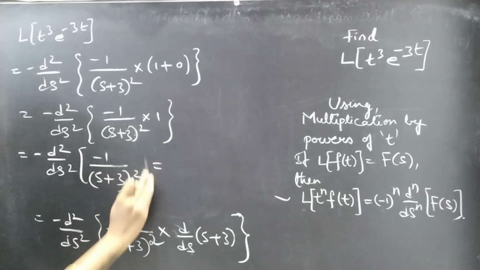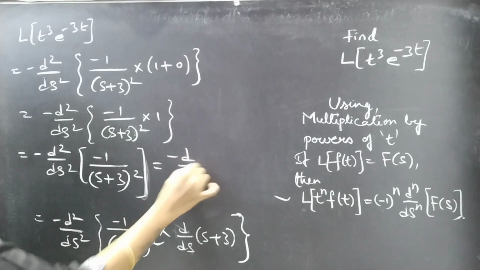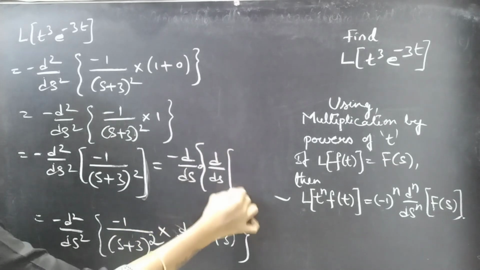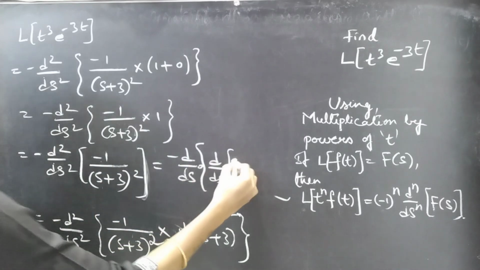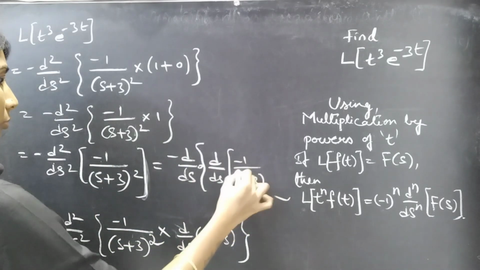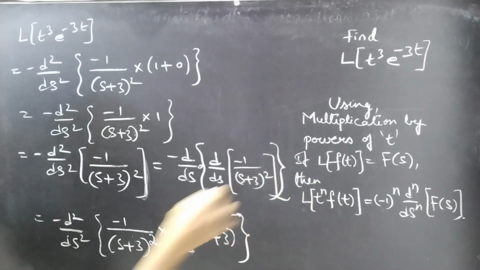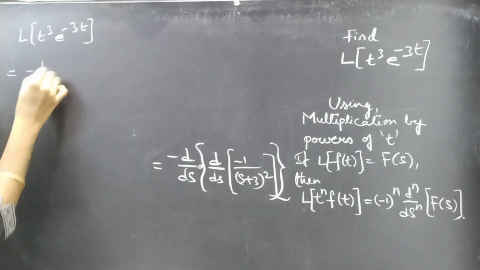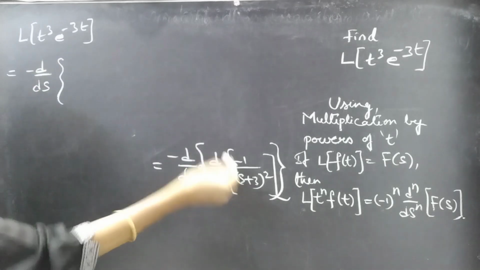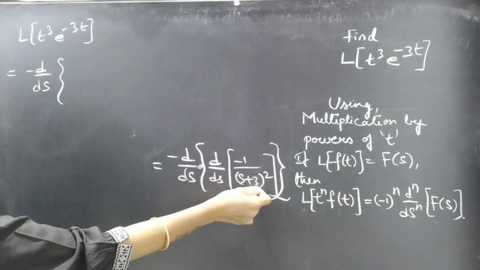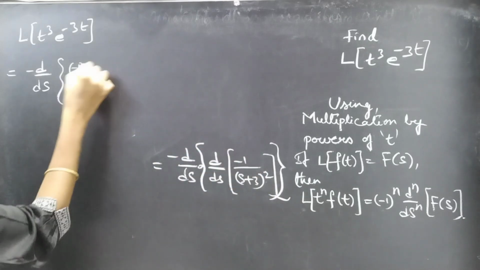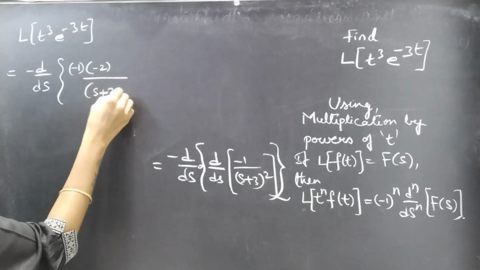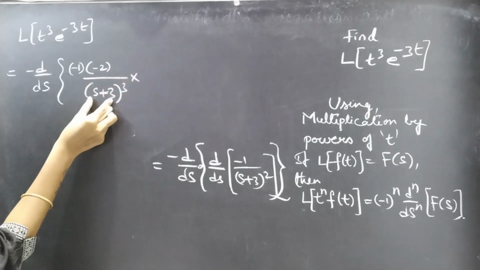Again, we can write this as minus d by ds into d by ds of minus 1 by s plus 3 whole square. This is equal to minus d by ds of, derivative of minus 1 by s plus 3 whole square is minus 1 into minus 2 by s plus 3 whole cube into derivative of s plus 3.